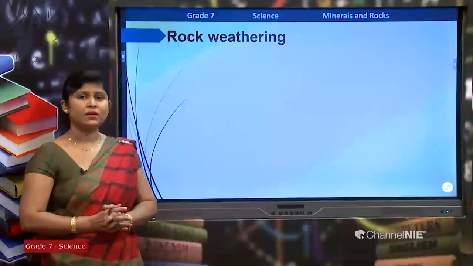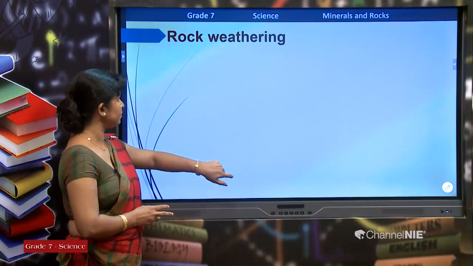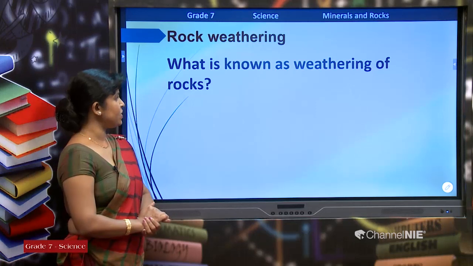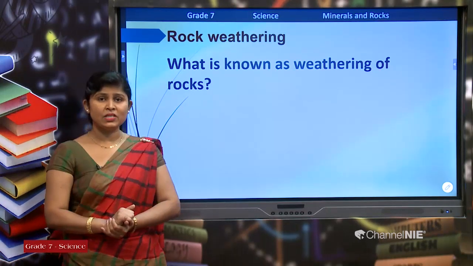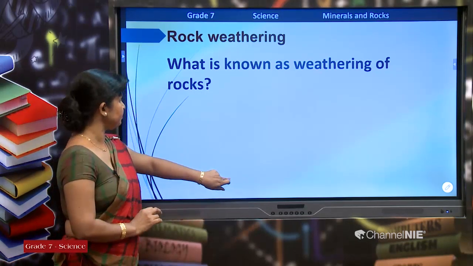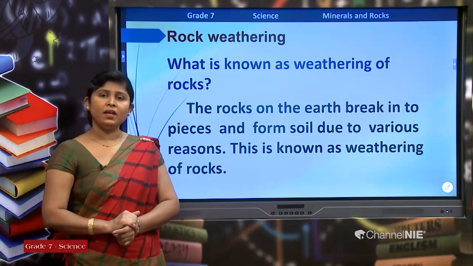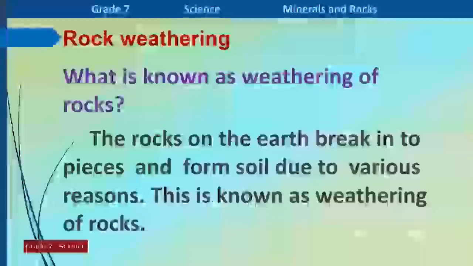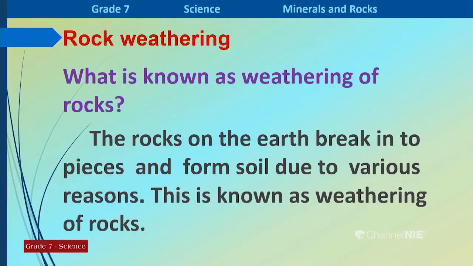This is known as weathering of rock. What is known as weathering of rocks? There is a question. We will see the answer. The rocks on the earth break into pieces and form soil due to various reasons. This is known as weathering of rocks.